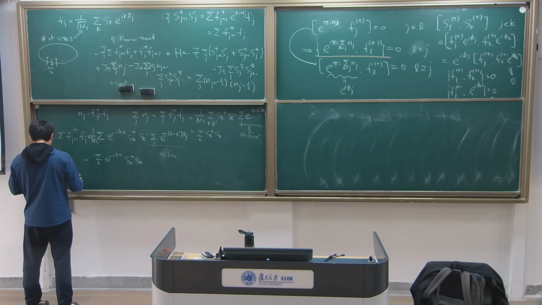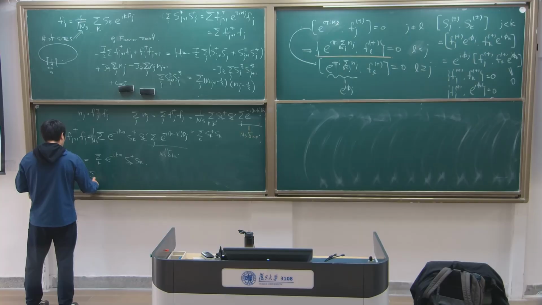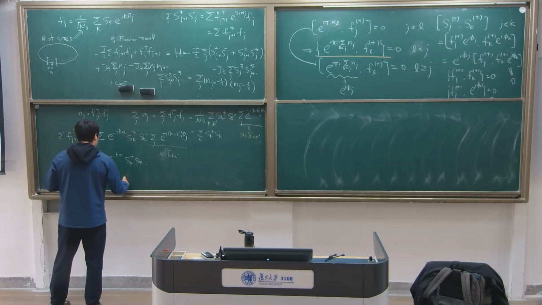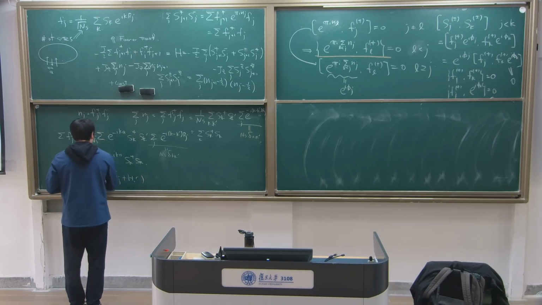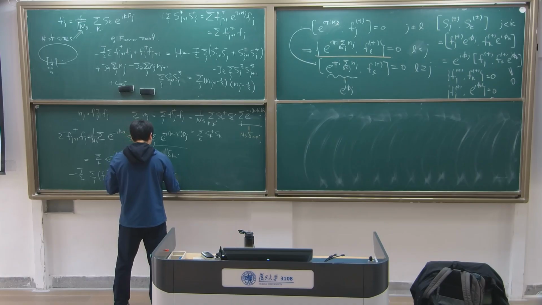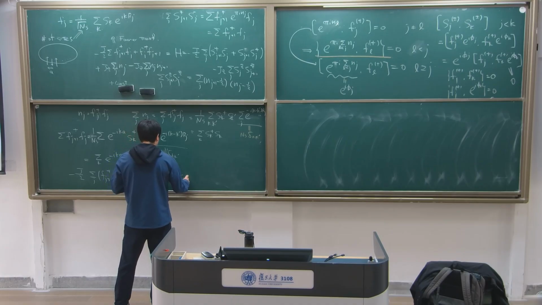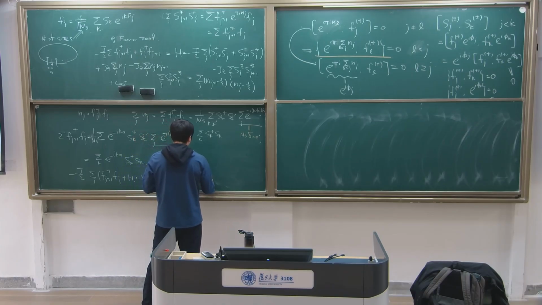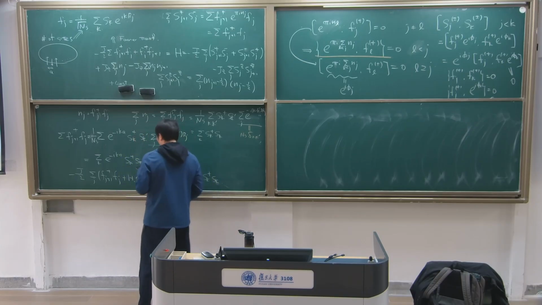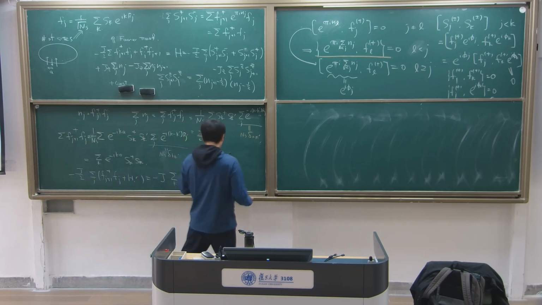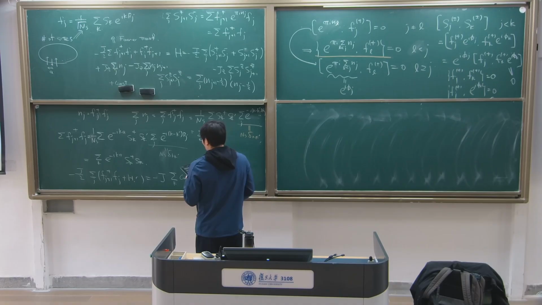Therefore, you have minus J over 2 times the sum over j of Fj plus 1 dagger Fj plus the complex conjugate, equal to this.